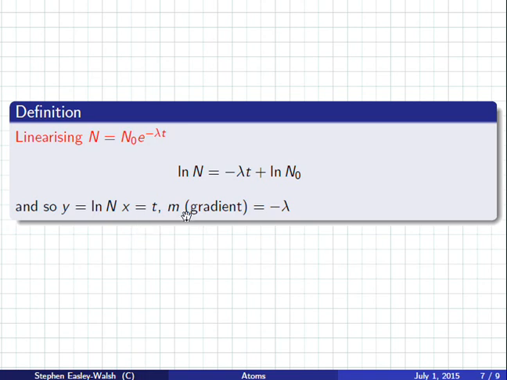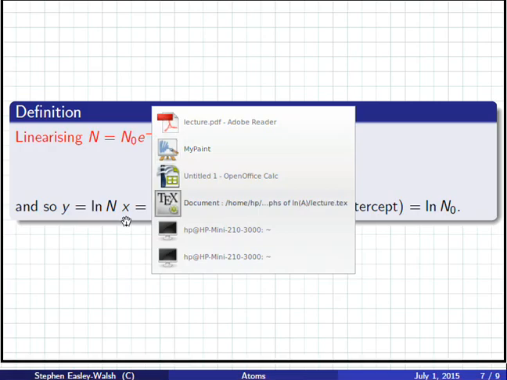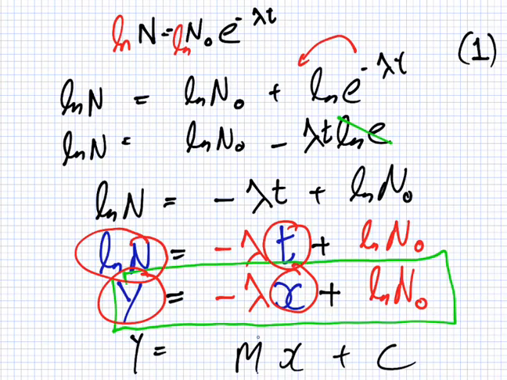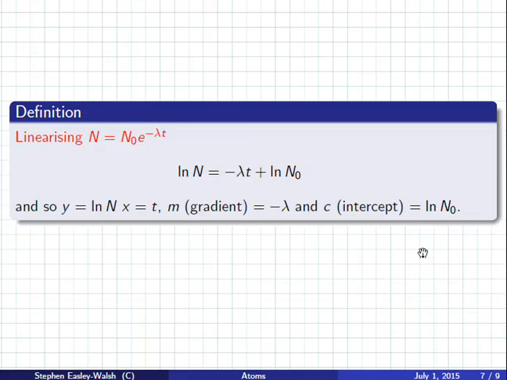The m, which is the slope, is equal to minus lambda. And the c, which is the intercept, is like log n0. Now, you can just say, the m is the minus lambda and the c is the log n0.